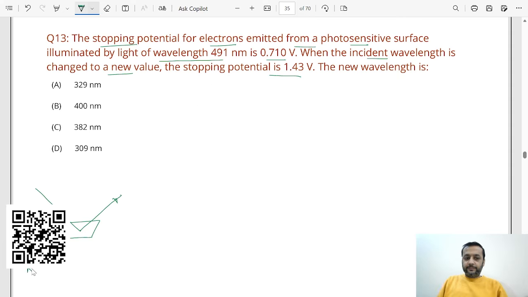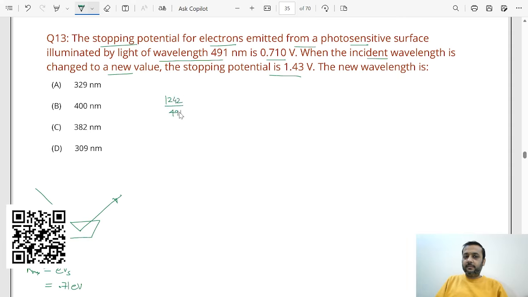Now remember that K max is simply e into V stopping. Okay, that means in the first situation, when the stopping potential is 0.71 volt, the maximum kinetic energy must have been 0.71 electron volt. Okay, and in the second situation, the maximum kinetic energy is 1.43 electron volt. So in the first situation, when the incoming photon has a wavelength of 491, the energy of the incoming photon can be written as 1242 divided by 491.